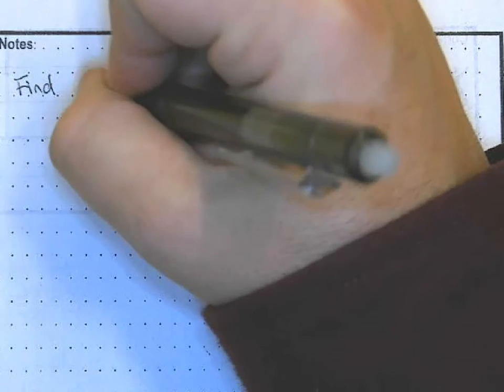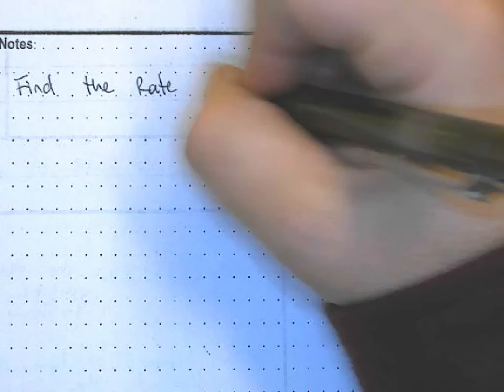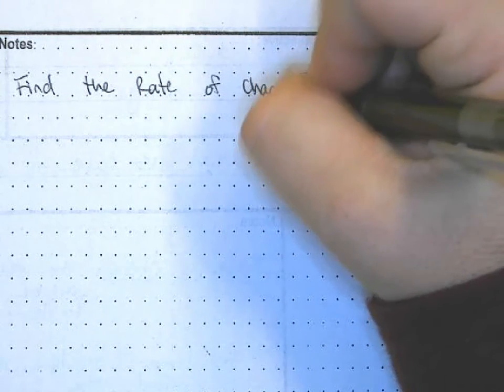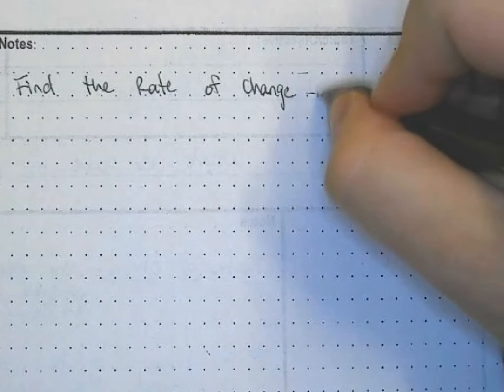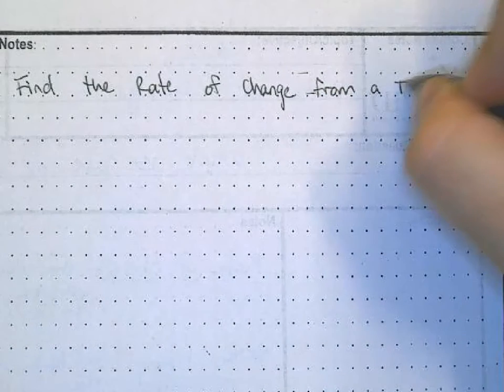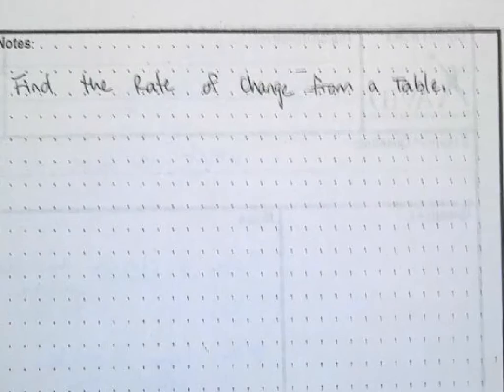Now, we're going to find the rates of change from a table.